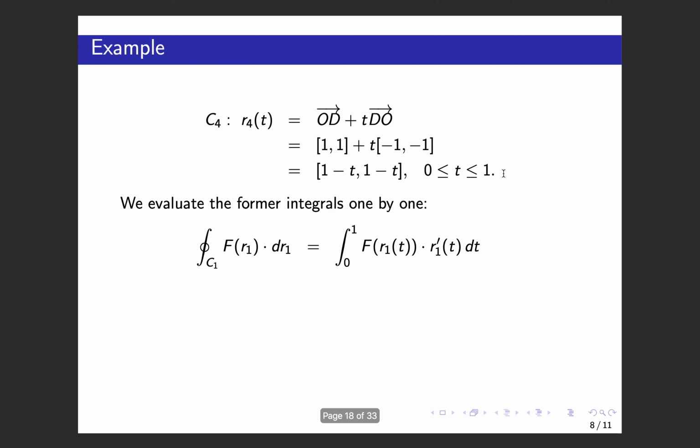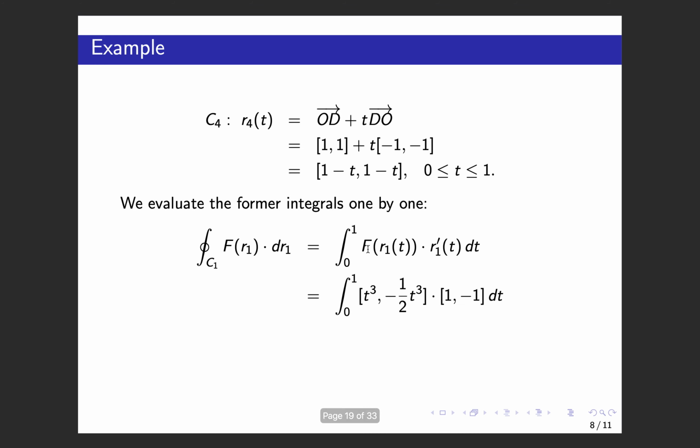And then we evaluate the line integrals one by one. The line integral over the path C1 will be the integral from 0 to 1 of f of r1 dot r1 prime of t dt. This is just the differential dr1, which is the derivative times dt.